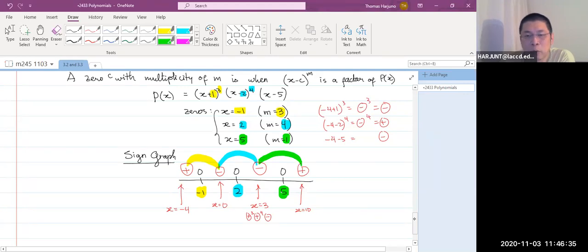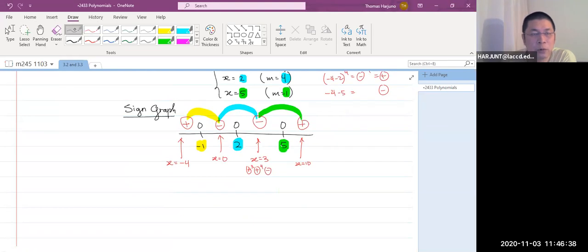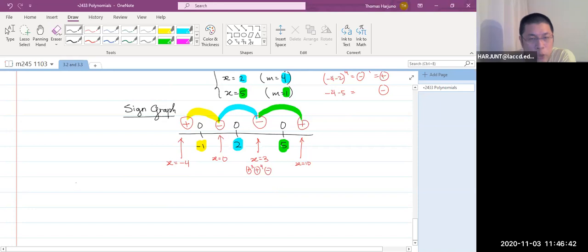Now, which means the following. Why do we want to know a 0 and its multiplicity?